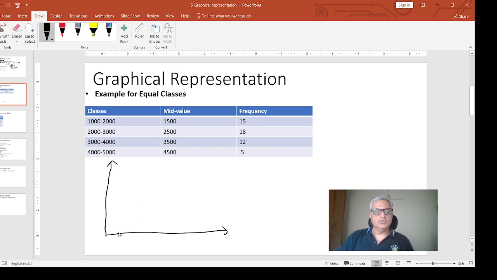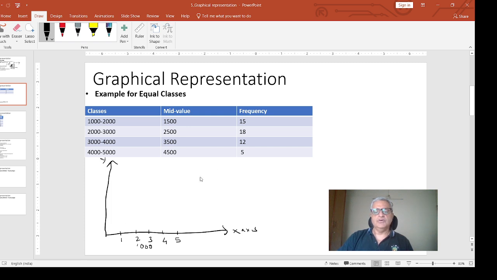So this is, say, for example, 1, 2, 3, 4, and 5. Basically, I have depicted 0, 0, 0 because these are in thousands. So my x-axis values are in thousands, and this is my y-axis.